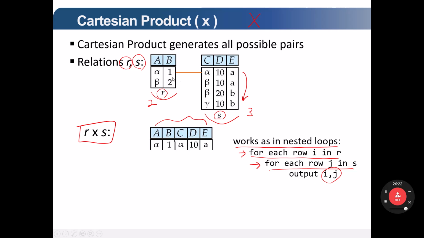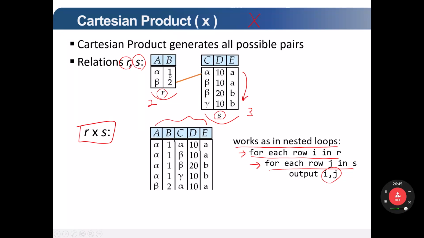You match alpha 1 with alpha 10A and put it in the output table by concatenating those two tuples. And then you match alpha 1 with beta 10A and put it in the output table. You keep doing this until you reach the end of the last record of the right relation, and then move on to the next record of the left relation and do the same again and again.